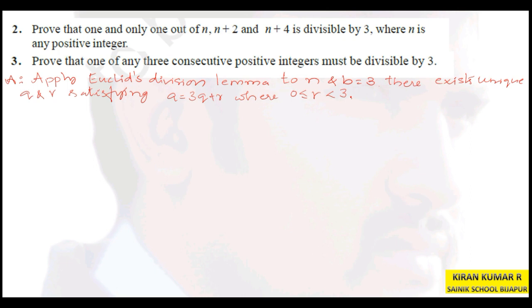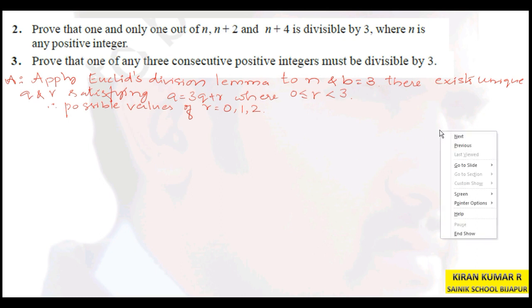Here there are 3 possibilities for the value of r, for the possible values of r, 0, 1 and 2. I'll make 3 columns.